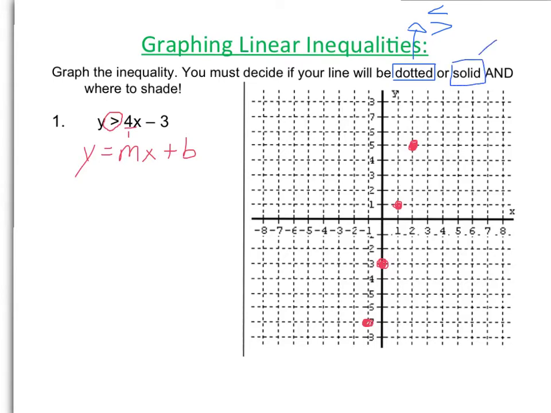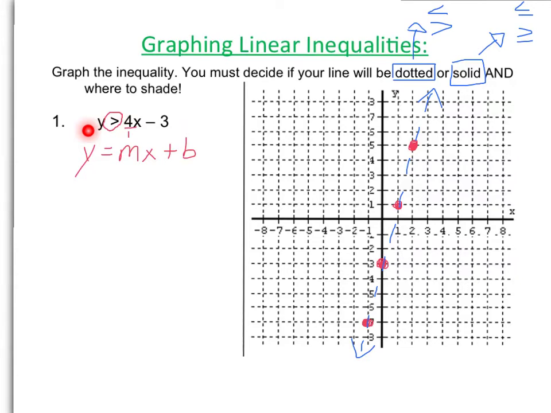If the inequality symbol was less than or equal or greater than or equal, then we would have to draw a solid line. So we're going to draw a dotted line, do the best that we can. Sometimes it's difficult to do on the iPad. Okay, so there is our dotted line for y is greater than 4x minus 3.